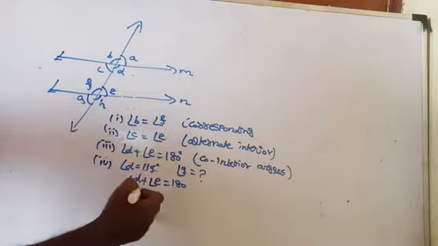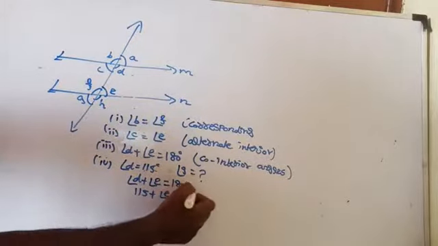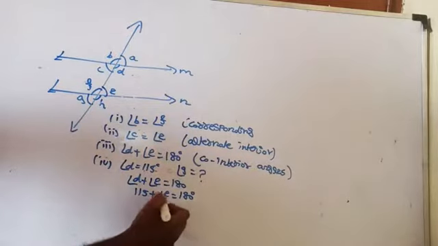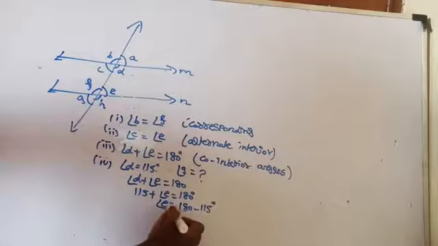So 115 plus angle E equals 180. Angle E is 180 minus 115, which is 65 degrees.